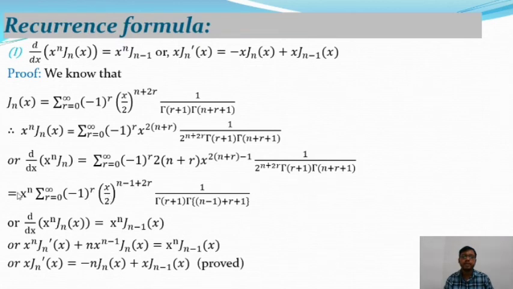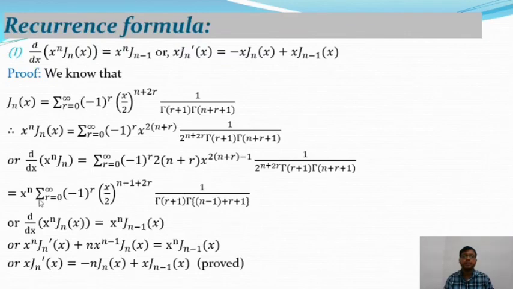Okay, after taking x to the power n as common from this summation, we will get this one: (minus 1) to the power r into (x by 2) to the power n minus 1 plus 2r into 1 by gamma r plus 1 into gamma n minus 1 plus r plus 1. So after cancelling the term 2 into n plus r, we will get this one. Okay, and this is the n minus 1th order Bessel's function.